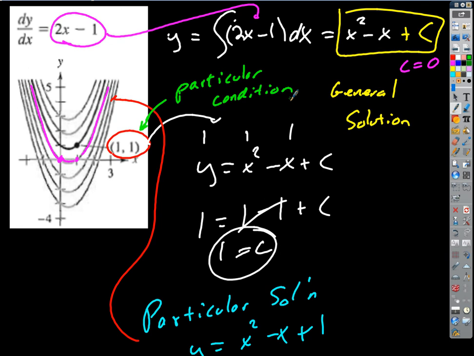A lot of times books are going to call that an initial condition, which is fine, but what does initial usually mean in physics? At the beginning, when time equals what? 0. Right? And so a lot of times when you get into the physics aspects of this, you want to distinguish between whether it is truly an initial condition, a condition happening at t equals 0, or some downrange condition at a later time, which we call a particular condition. So in engineering and physics applications, sometimes it's important to make that distinction.